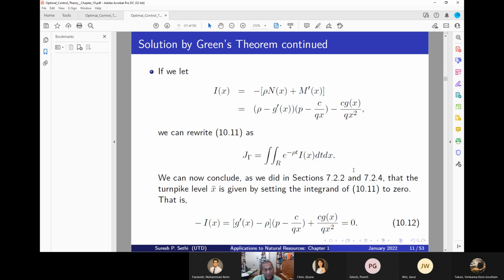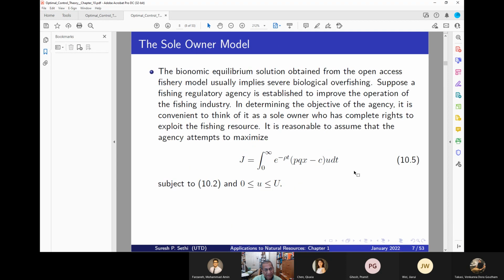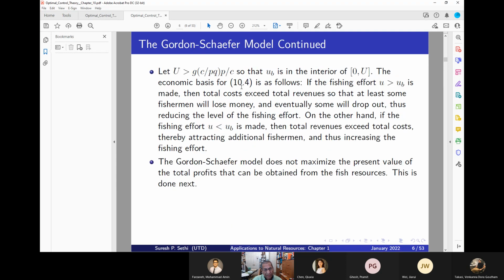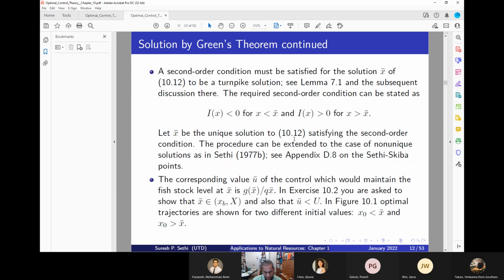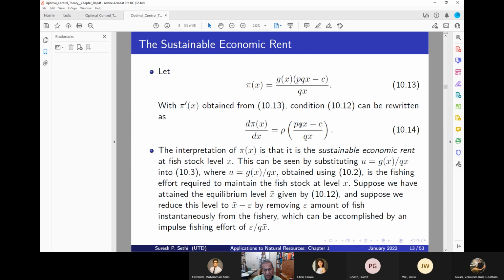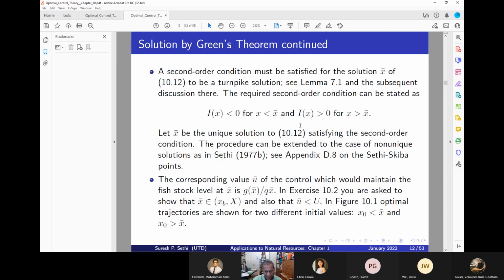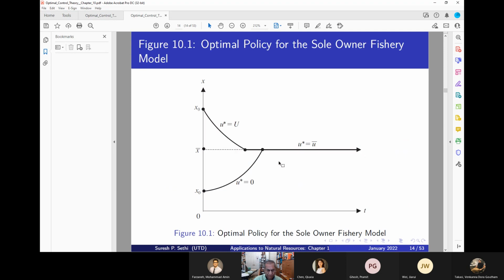And because we assume this guy here, we'll find that this u bar is going to be an interior solution. So u bar will be less than u, right here, for example. And so before I do that, let me go to the picture. After we have done this, we already got this far.